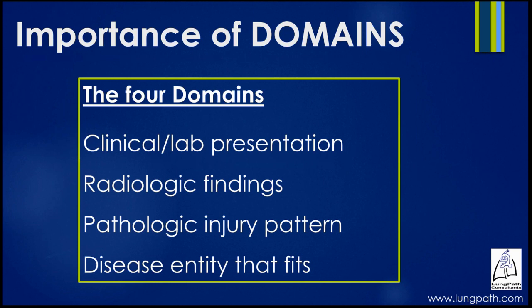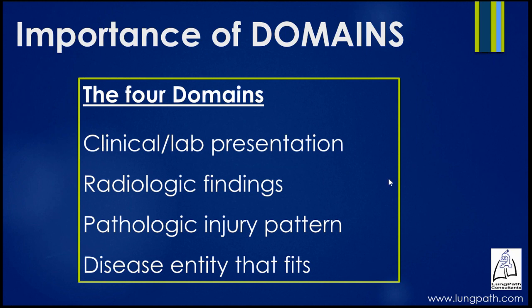So again, the importance of the 4 domains: the clinical and lab presentation, the radiologic findings, the pathologic injury pattern, and then assembling all that into the possibility of a disease entity that fits. These are critical steps. If you skip any of the first 3 steps, you are at great risk for committing an error in your diagnosis. So if you have a lung biopsy, you really need to find out something about the clinical presentation, the laboratory data, and the radiology.